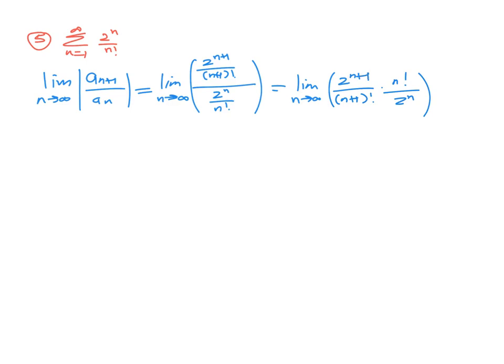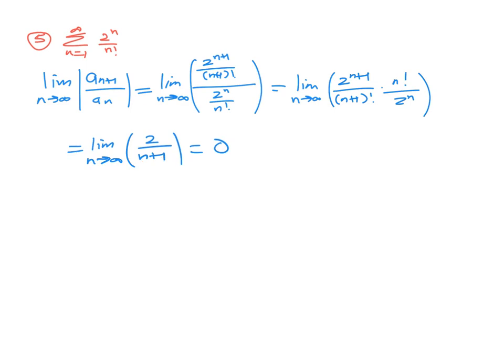And when I do 2 to the n plus 1 divided by 2 to the n, and I subtract the exponents, I get 2 to the 1 in the numerator. So this becomes the limit as n approaches infinity of 2 over n plus 1, which of course is going to go to 0 because the denominator has an n in it.